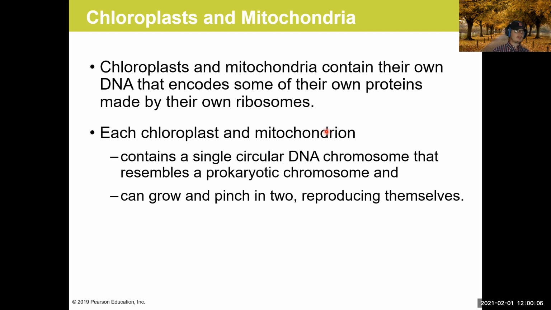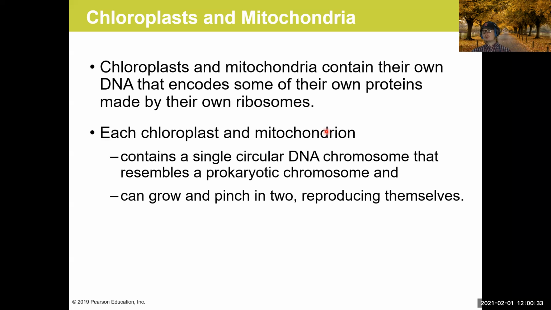Now, what's also interesting with chloroplast and mitochondria is that they have their own DNA. And so there's mitochondrial DNA, there's chloroplast DNA, and then you have your nuclear DNA. So nuclear DNA is DNA found in the nucleus, and then your mitochondrial and chloroplast DNA is the DNA found in those two organelles.